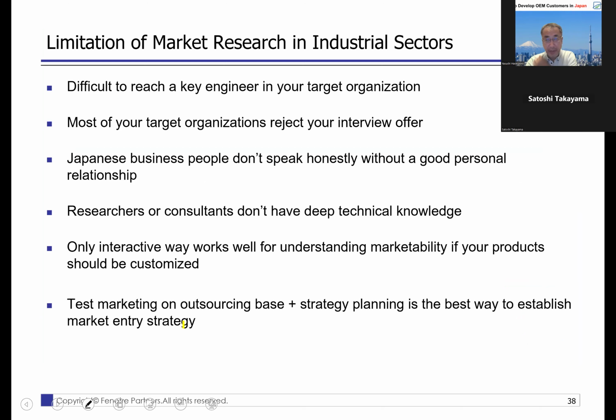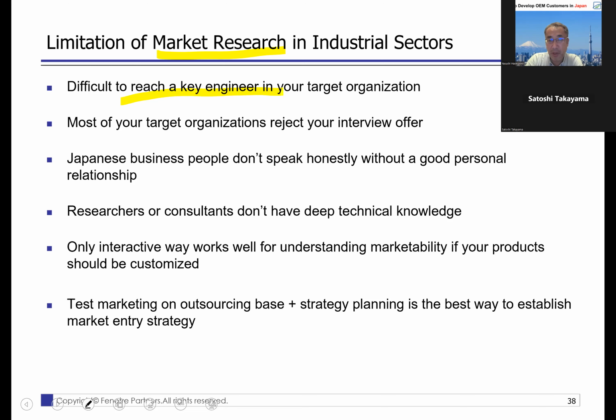So usually, when you talk about market entry, you prefer to start from market research. It's theory. However, if you are selling complicated industrial products, which are usually customized, I don't recommend spending time and money on market research, because it's difficult to reach a key engineer in your target organization.